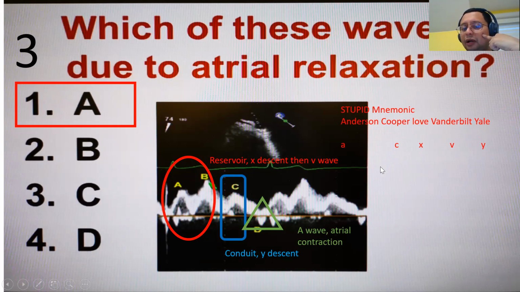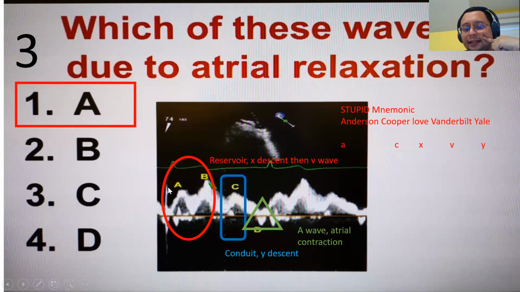So let's go one by one. What is A? A is end diastole, which is atrial contraction. What is C? C is the very beginning of systole, when the tricuspid valve moves upwards into the right atrium. What is X?